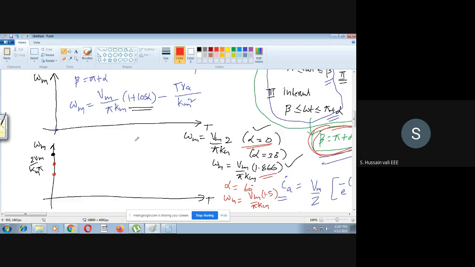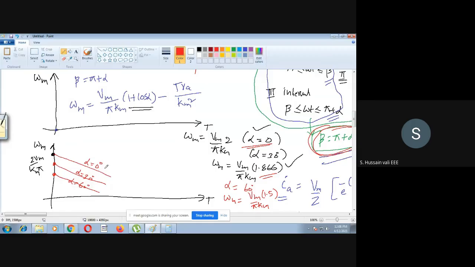So what I want to say here is that when I increase the value of alpha, this height decreases. You take alpha is equal to 0, then you go on increasing the value of alpha, and you get one expression like this. When alpha is equal to 30, the graph will be like this. When alpha is equal to 60, and you further increase alpha, you will get several graphs here. So this graph is for alpha is equal to 0, this graph is for alpha is equal to 30, whereas this graph is for alpha is equal to 60.